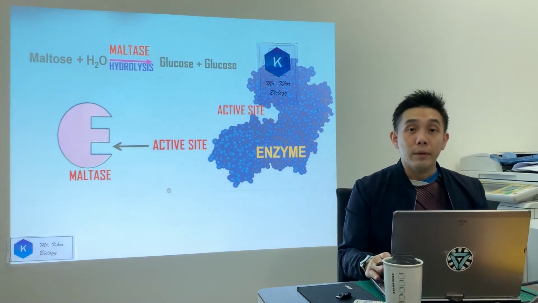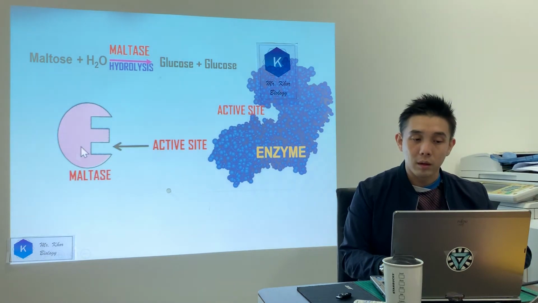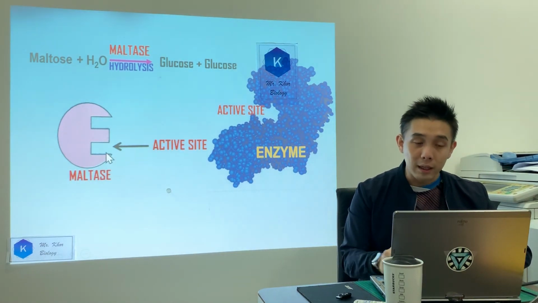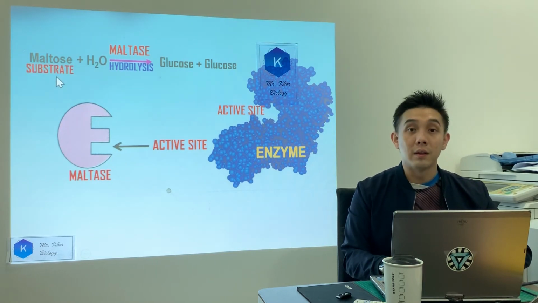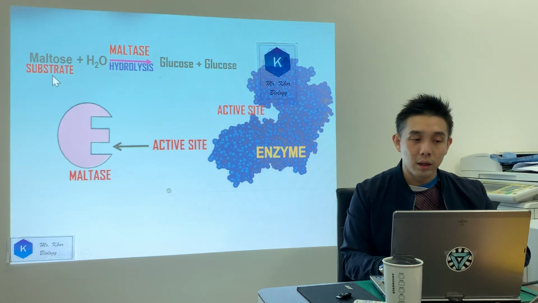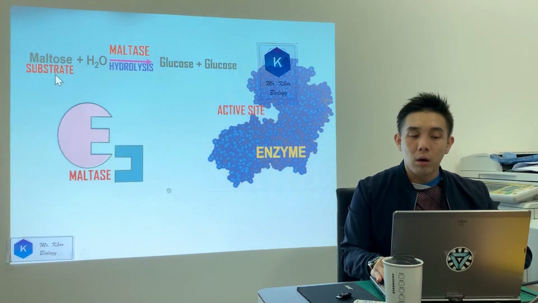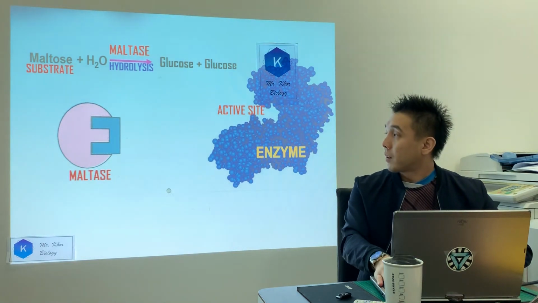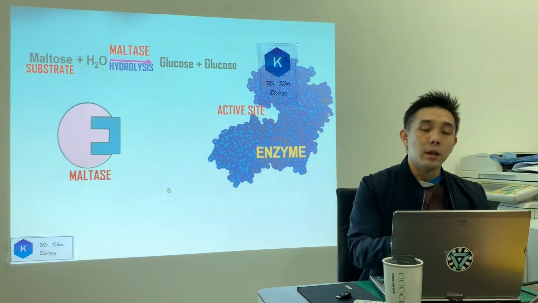Okay, just to do a very quick recap, let's say this is my enzyme. This is called the active site, tapak aktif. Maltose is considered the substrate. Substrate always enters the active site.